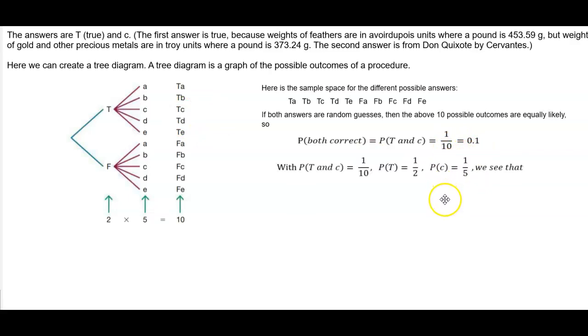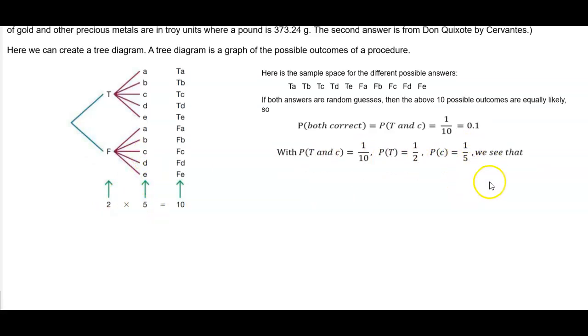Now, with the probability of true and C equal to 1 over 10, the probability of true is actually 1 out of 2, which is the first scenario. The probability of selecting C, there's 5 choices, which is equal to 1 over 5.